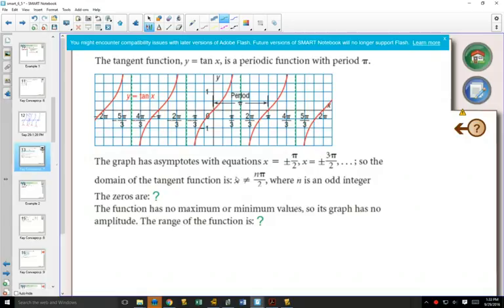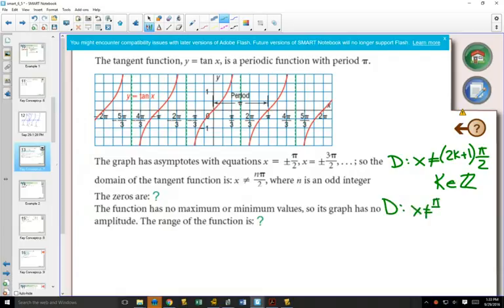So the way we would write the domain is x cannot equal, and you remember we had two different ways that we wrote those odd multiples of pi over 2 when we did cos. One way we could say 2k plus 1 times pi over 2, where k is an integer, because 2k plus 1 makes an odd number times pi over 2. The other way that we wrote it is start with one you can't have.